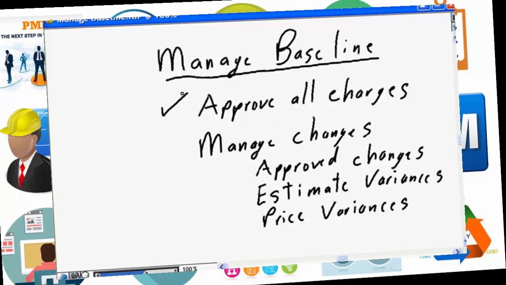Approve all charges. I've had more than one instance in my career of delivering projects where I've had charges, some small, some large, charged to my project that had absolutely nothing to do with my project, simply because of coding errors, simply because of accounting errors. A charge comes into my organization and somebody handwrites the appropriate charge code onto the invoice. They made a mistake. They had sloppy handwriting.